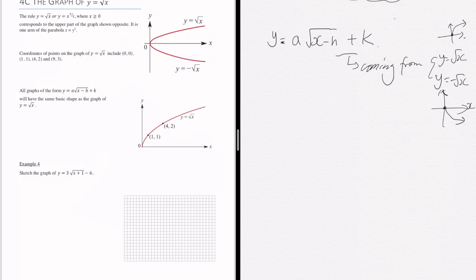So that's my general shape. All of these graphs, y equal to a times square root x minus h plus k, are originally coming from the graph of y equal to square root x and y equal to negative square root x. So there are a few steps that we can follow.